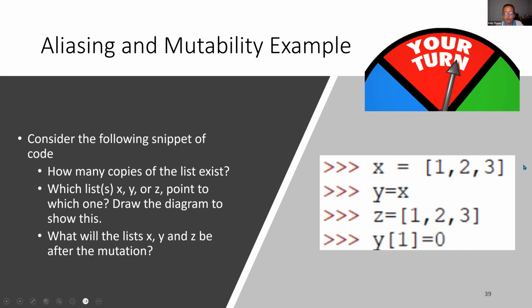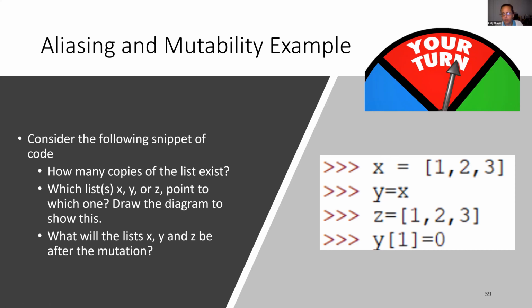Here it is, x equals [1, 2, 3], right? y equals x, and z equals [1, 2, 3]. Okay, these lists are the same. How many copies of the list exist? Is it 1? Well, it's probably not 1 because I see 2 copies there. All right, well, is it 2 or is it 3? Because you see that there are 3 variables, right? x, y, and z, they're all a list.